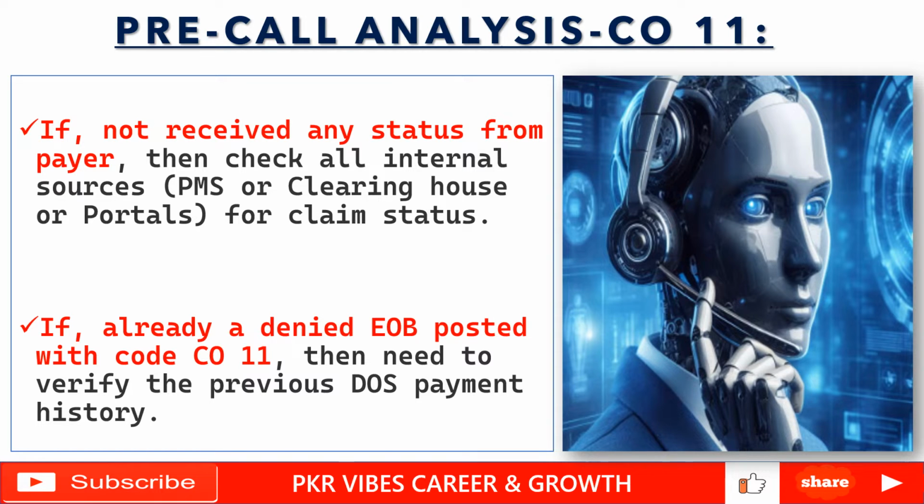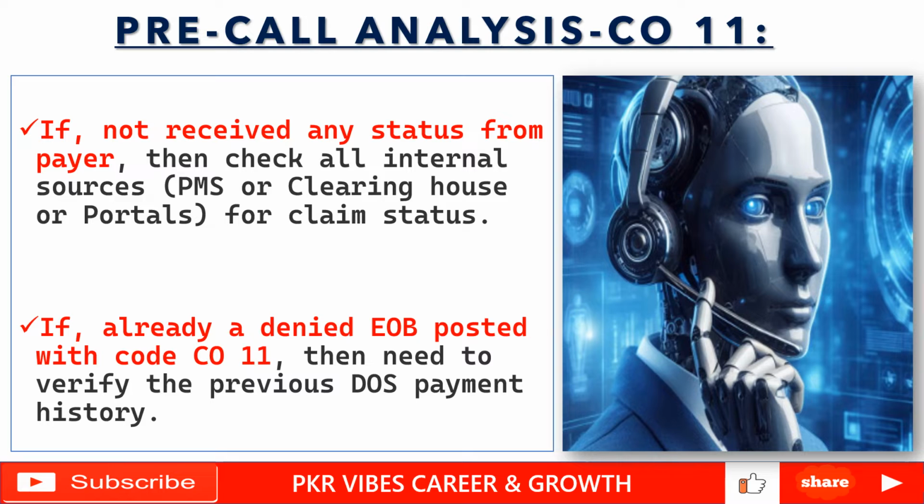And the next step: for example, if a denied EOB is already posted in the PMS with the code CO11. For example, you are checking the doctor software and you find that the EOB was received from the insurance and is already posted in our software with the denial code CO11.